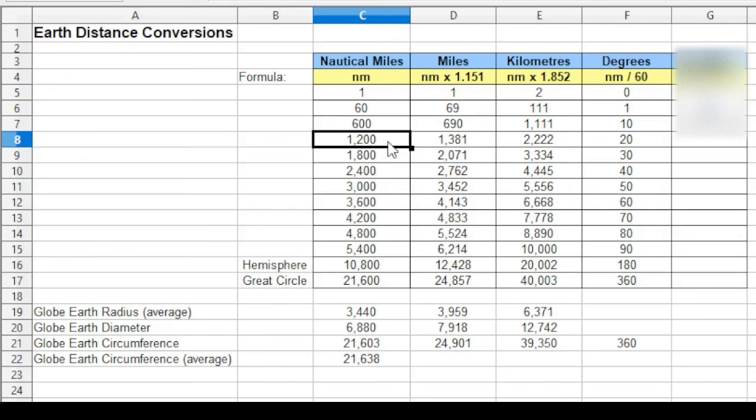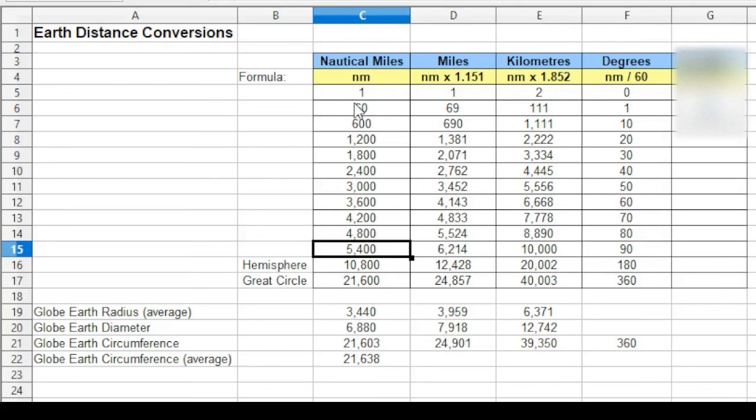Again, based on this simple formula of dividing the number of nautical miles by 60 to get the number of degrees. So 1,800 miles is 30 degrees, 2,400 miles is 40 degrees, 3,000 miles is 50 degrees, 3,600 is 60, 4,200 is 70 degrees, 4,800 is 80 degrees, and 5,400 nautical miles is 90 degrees.